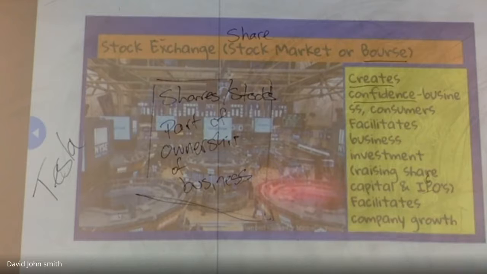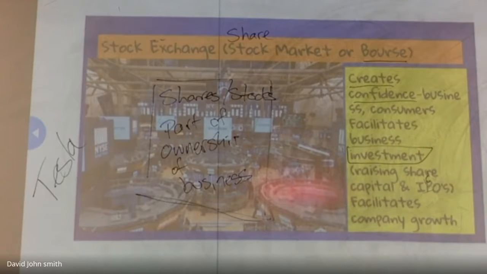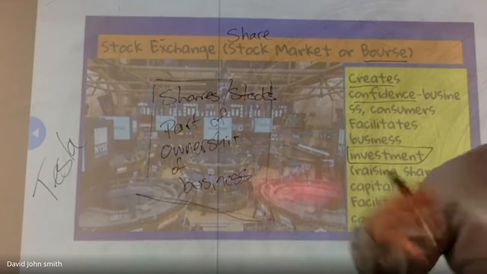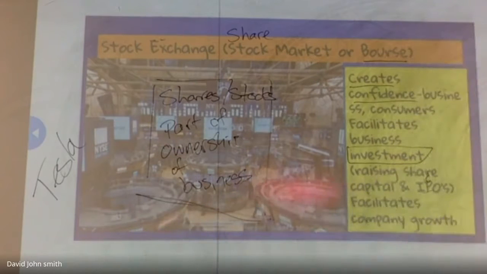Businesses are able to gain what's called investment. They're able to expand. So if Nexus wanted to expand and create another Nexus in Indonesia, it might need the money to do so. So it might list the brand on the stock market in order to get the money.